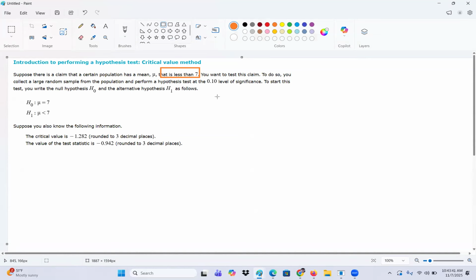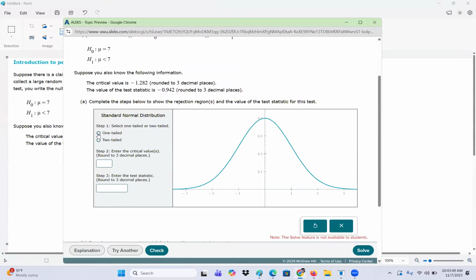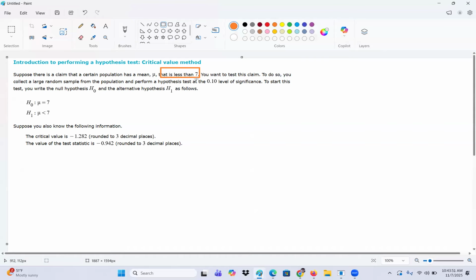Okay. Now we're going to compare the score that we have over there. This is basically a one-tail test because the keyword is less than, so it's a one-tail test.